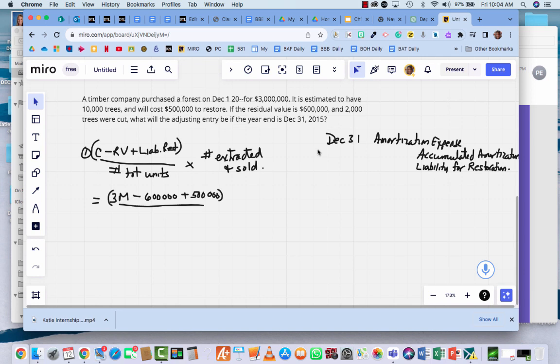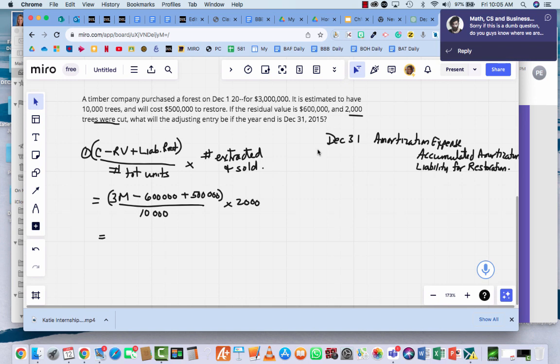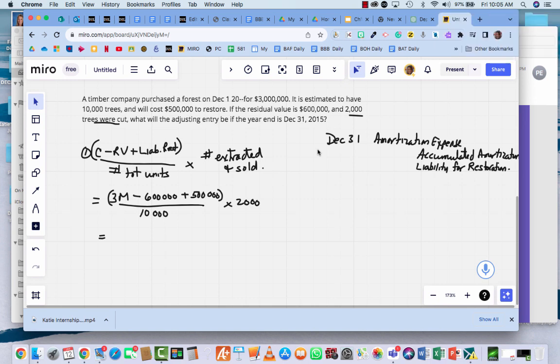We're going to divide this all by the total number of units expected, which is 10,000. And we're going to multiply by the number of units extracted and sold this year, which is right here. 2,000 were cut. So I'm calculating right here that our amortization expense is $580,000. Okay, good.